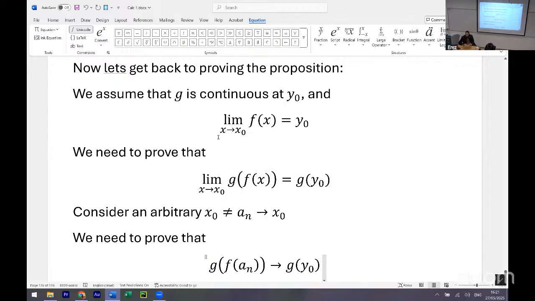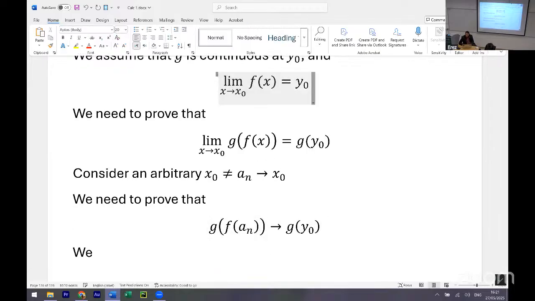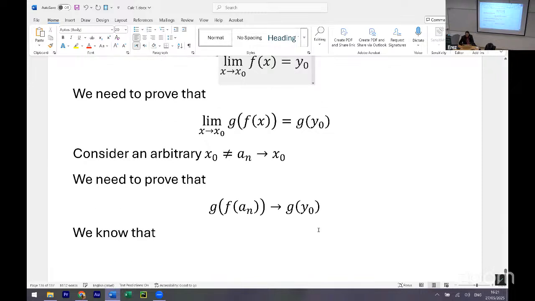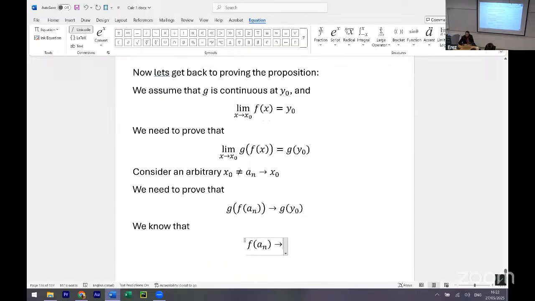So now, we do know what happens when we plug a_n into f. We know that f of a_n, what does that approach? a_n is close to x0. Therefore, by this limit here, if we plug in a_n instead of x, where do the y values tend to? y0.